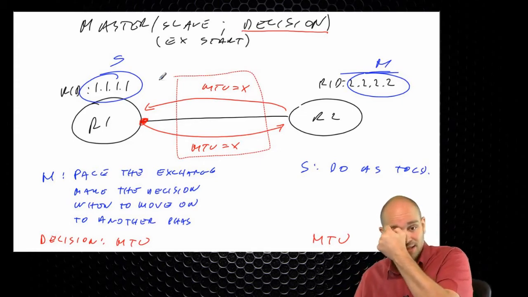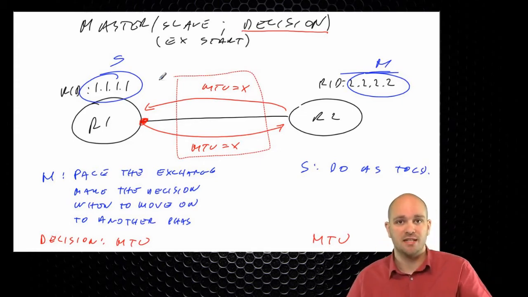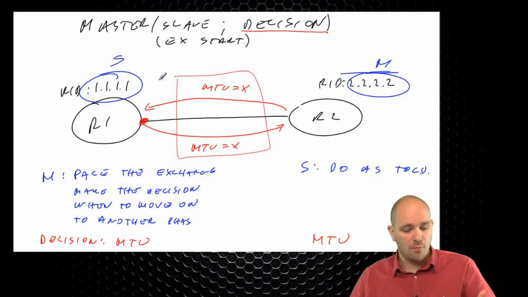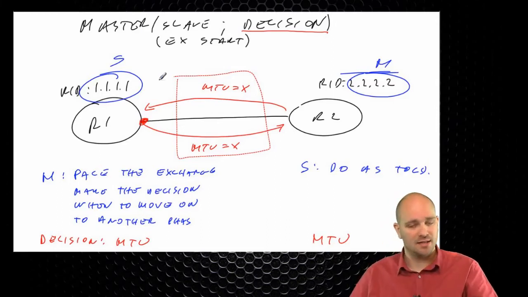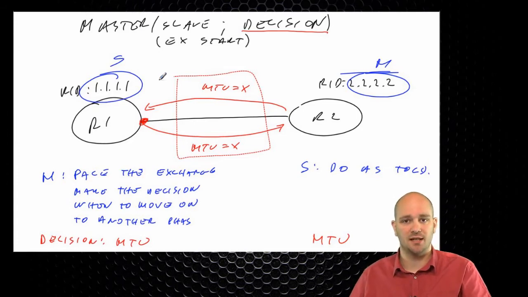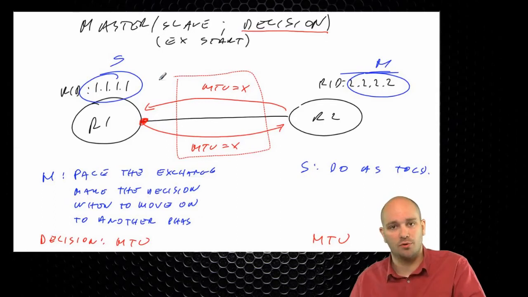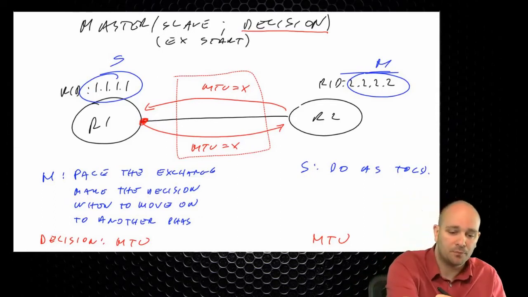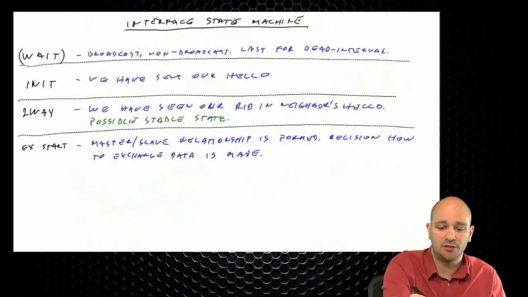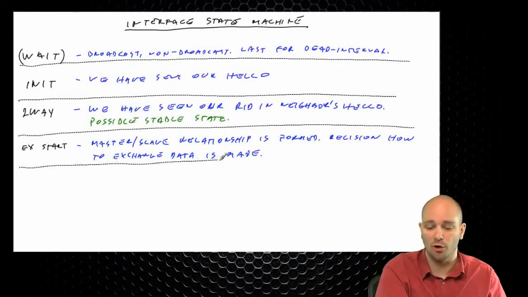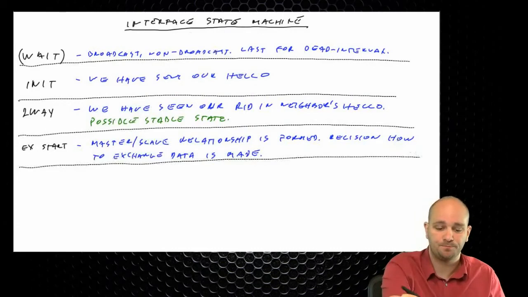If they are in disagreement, they cannot proceed. Even though the master might say override the slave, this doesn't happen. If they are in disagreement what the MTU size is, they will not proceed at this point. So these are two important things that happen. Now, if they are in agreement about the MTU, the master is going to make a decision to move on to an exchange phase.